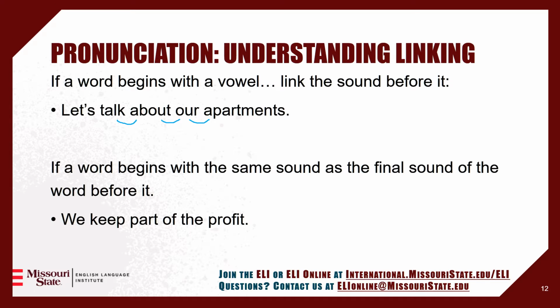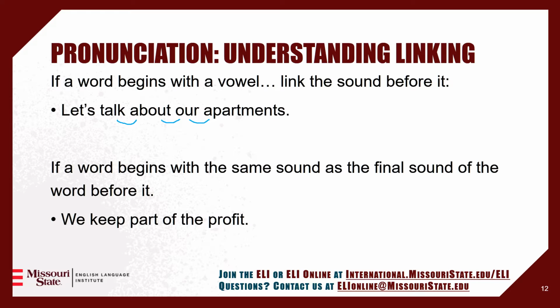These words start with vowel sounds: about, apartments, our. So we link the consonant sound that comes before it to the vowel. Let's talk about our apartments. Because of this linking, all of these words sort of sound like one really big word. Let's talk about our apartments. So if a word begins with a vowel, look at the word before it. You might need to link it.